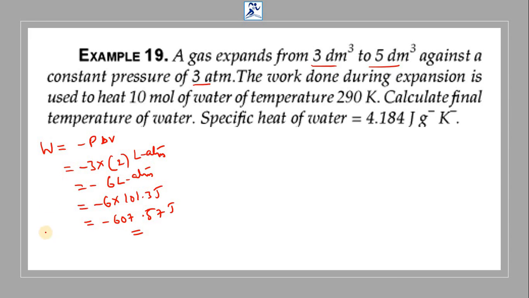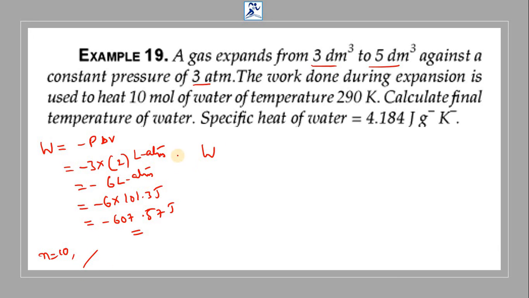Now, like the previous problem, the W for 10 moles of water we have to calculate. Here the number of moles of water is 10, and the change in temperature we don't know. The W value we have already calculated.